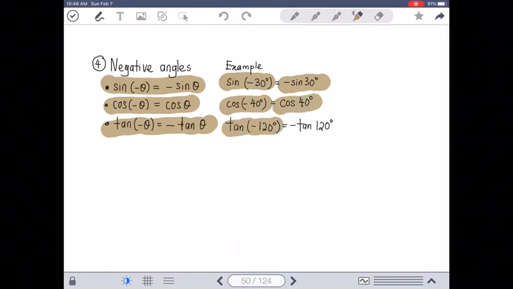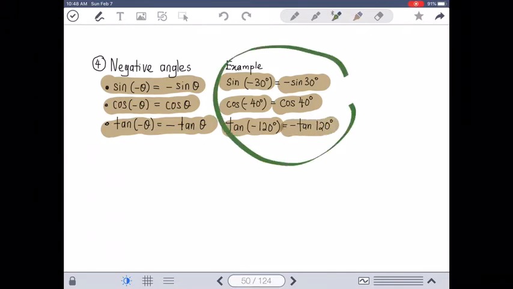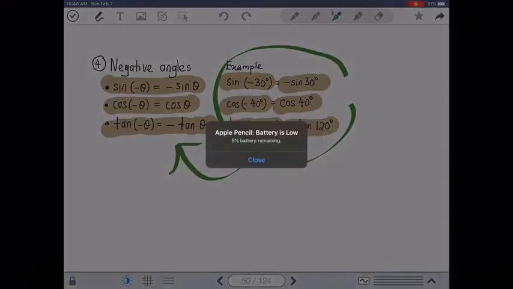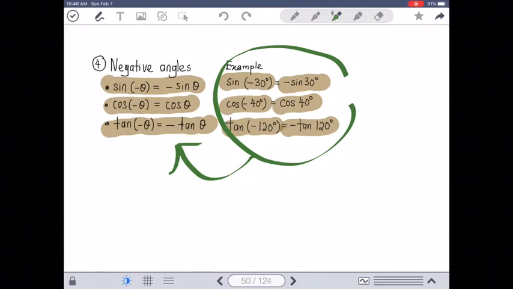Tan negative 420 is just equals to negative tan 120. And this all comes from that fact. Do you really need to remember this? No. This is just some basic knowledge that you do not need to remember. But this is the pattern that we can see, the relationship between positive and negative angles.